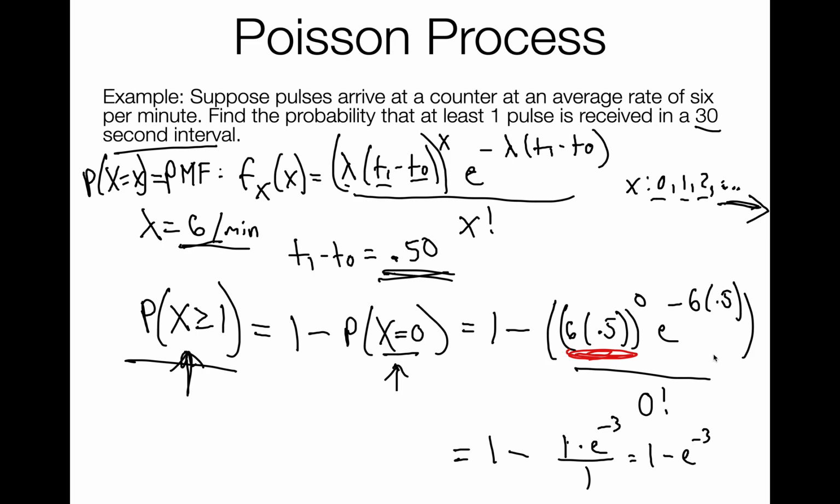Okay, and it turns out that e to the negative 3rd power is around 0.05, and so the answer is 0.95. Now I'm going to just take a second here and do some quick calculations to see if that matches up.